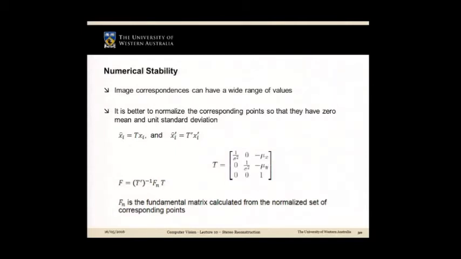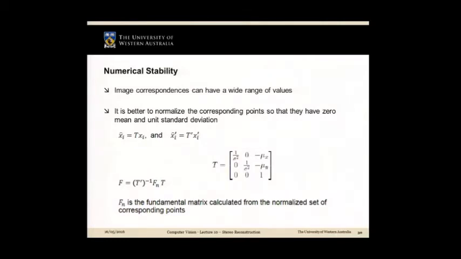And a simplified expression to do all this in one single step is using this matrix T. Normally people take care of the mean in the first step, and then divide by the standard deviation, but this matrix performs everything in one single step.